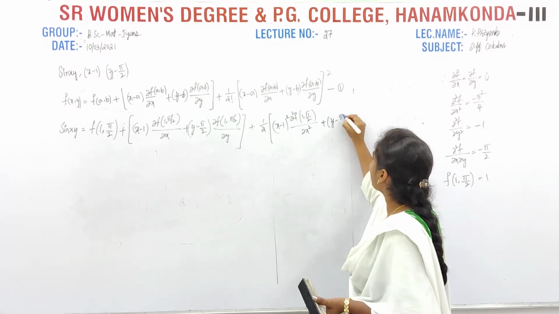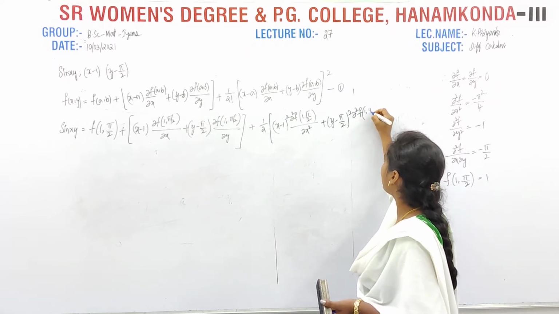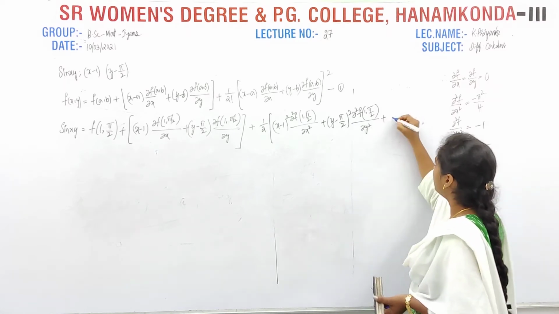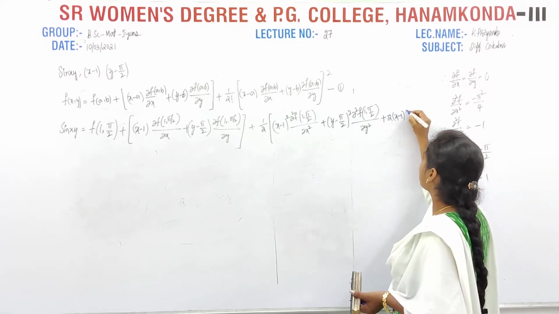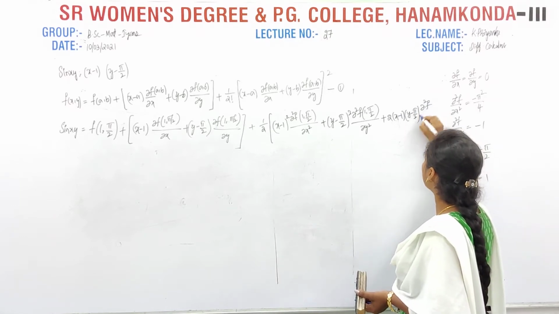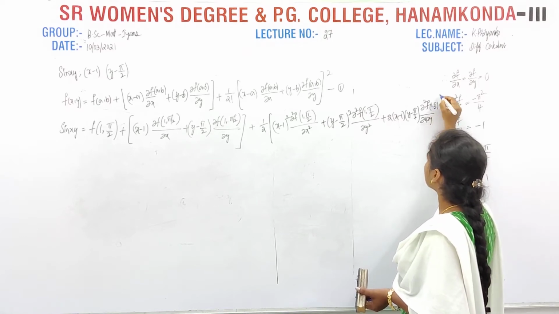So (y minus pi by 2) whole square into ∂²f at (1, pi by 2)/∂y² plus 2 into (x minus 1) into (y minus pi by 2) into ∂²f/∂x∂y at (1, pi by 2).